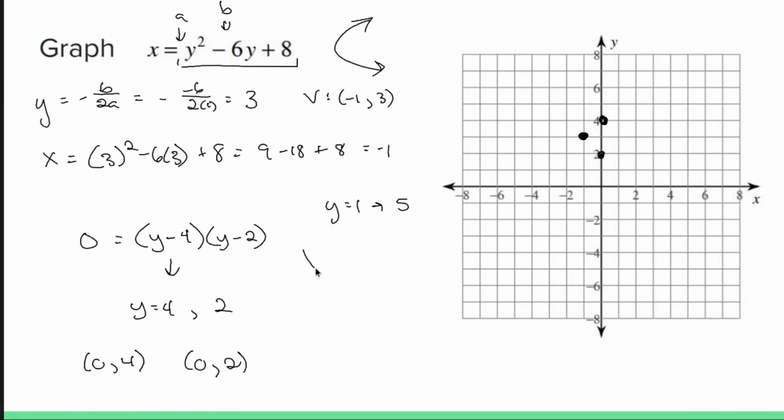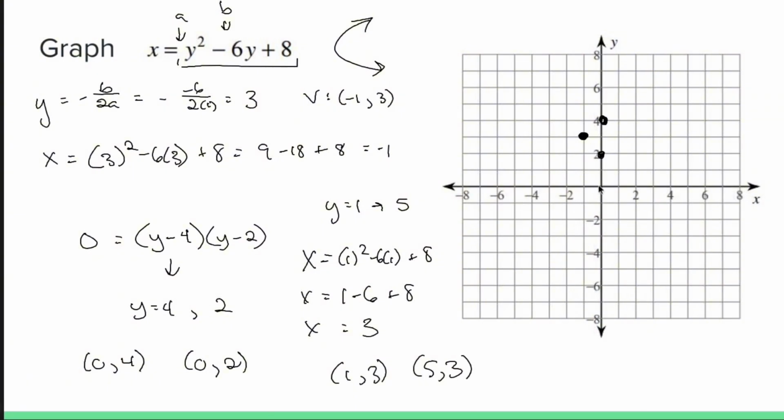So y equals 1 gives x equals 1 squared minus 6 times 1 plus 8. X is going to equal 1 minus 6 plus 8, which is negative 5 plus 8, which is 3. So I get 2 more points.